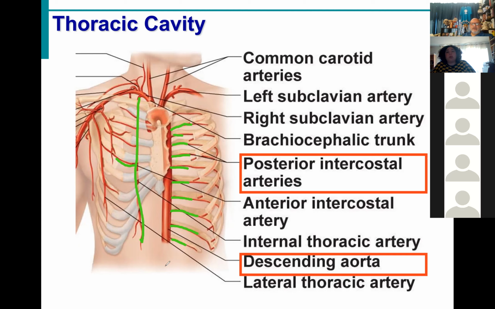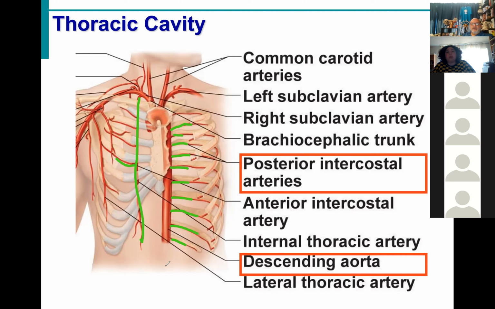There you go. Perfect. We have the right and the left common iliac. And just like the common carotid, guess what the common iliac is going to branch into? External and internal. Yeah, into external and internals. Excellent. And what was the third one? Medial sacral.